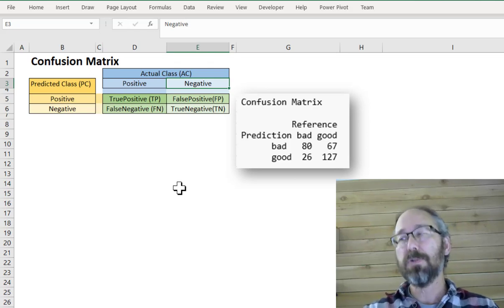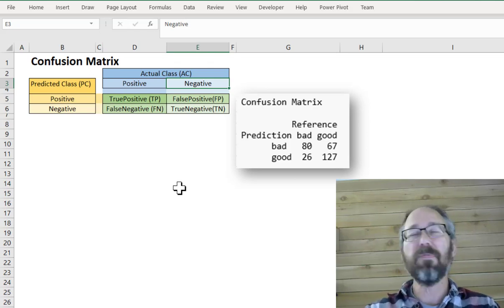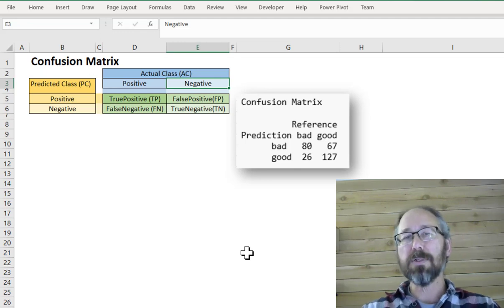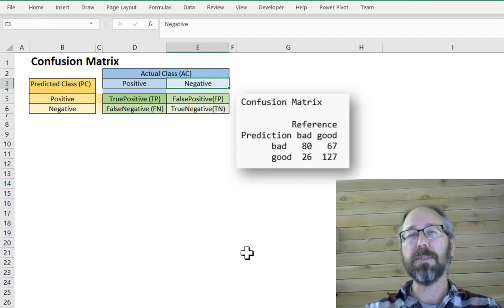So again, we have true negatives, TNs, and false negatives, the FNs. Notice that that's what's being shown here as well. That explains what all these numbers mean. Once we get those numbers, we start doing some calculations to determine how well this algorithm works for us in classifying our data.